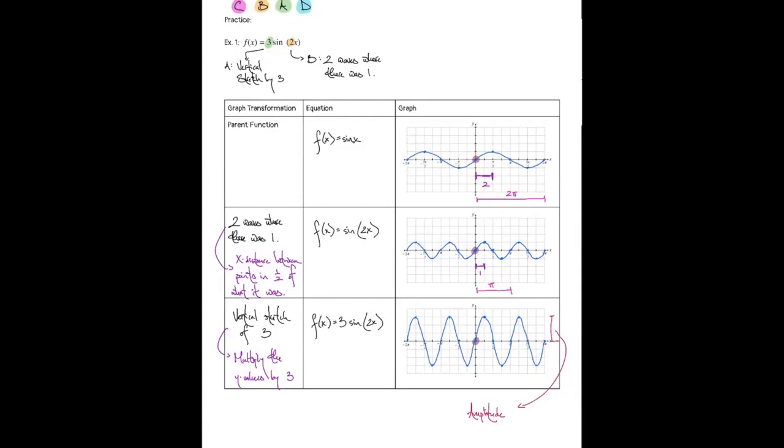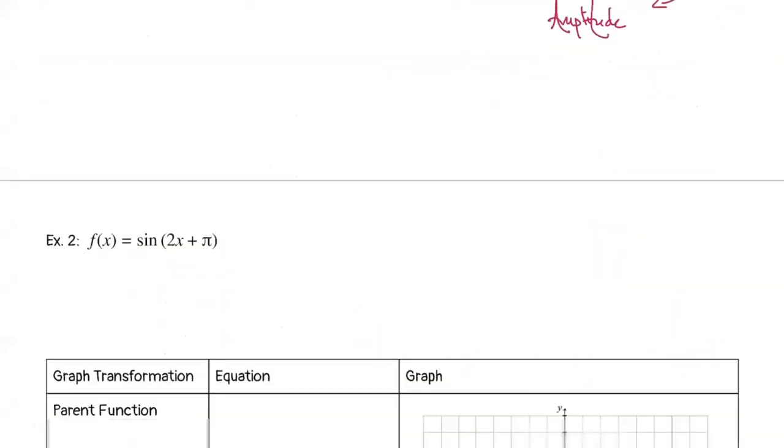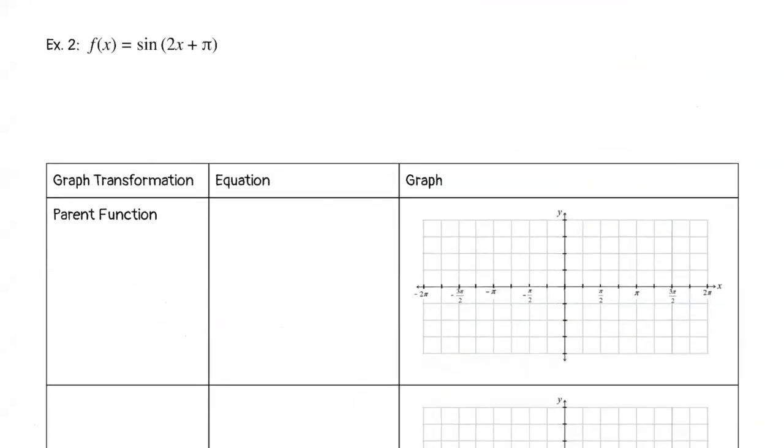All right. So let's go ahead and take a look at number 2. Those of you who were with me in Math 116 know, hopefully, that this is one of the ones that I'm going to make a really big deal about.